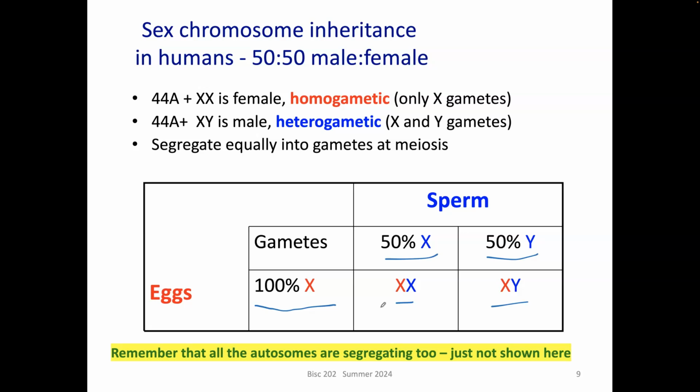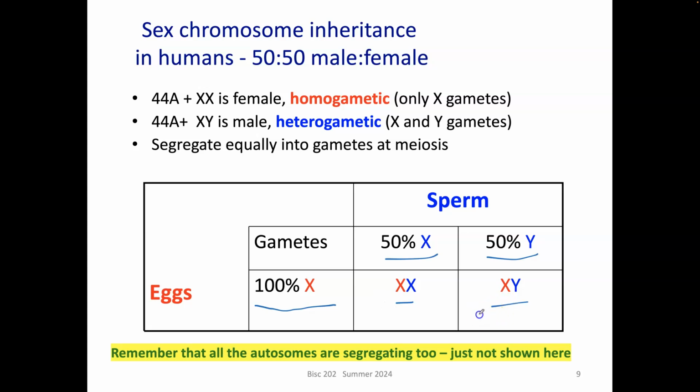And so they swim just a tiny bit faster. So if you were to look at fertilized embryos, and if you were to look at live births, the ratio is just slightly more males than females, so 50.5 to 49.5 or something like that.